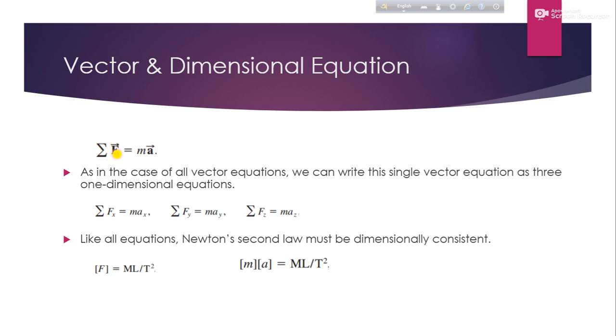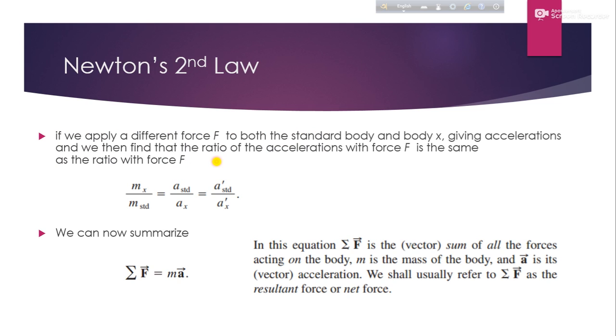So F is the resultant vector which has components Fx, Fy and Fz. Similarly, a has components ax, ay and az, and mass is a constant. It's obviously a scalar, not a vector. So this is the elaborated form, you can say.